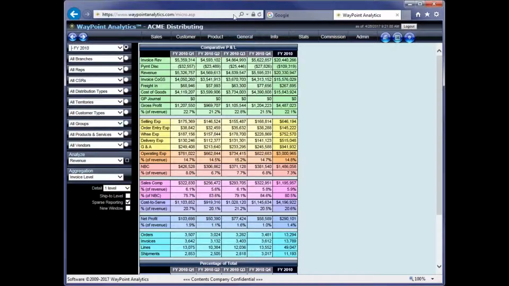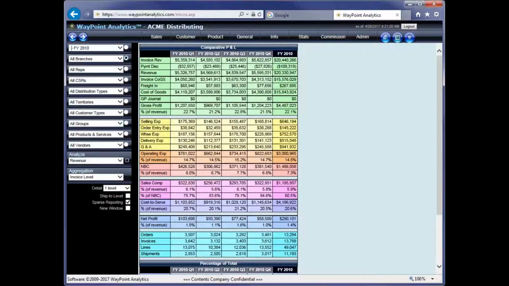For instance, we'll go by the branches here and see what's going on in the branches, or maybe I'll pick the different distribution types and get a comparative P&L on that. But I can start to compare these things as we go forward.